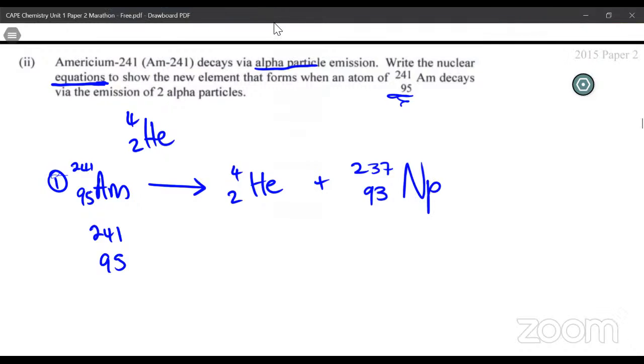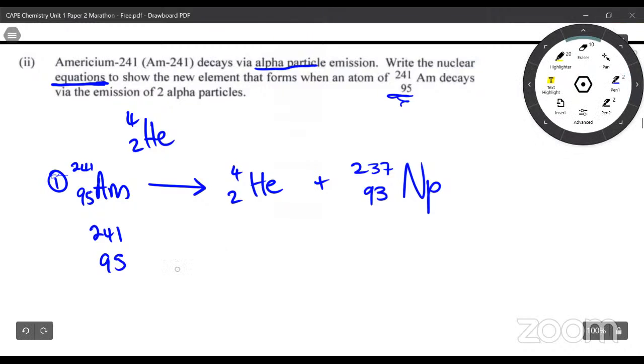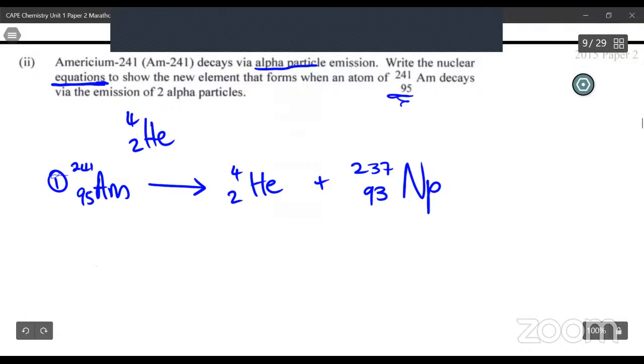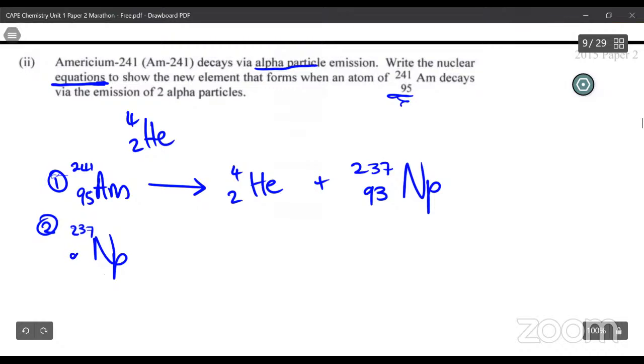Now, remember they asked you for 2 equations because it underwent alpha decay twice. So you want to start now with your second emission, being Np 237, 93.